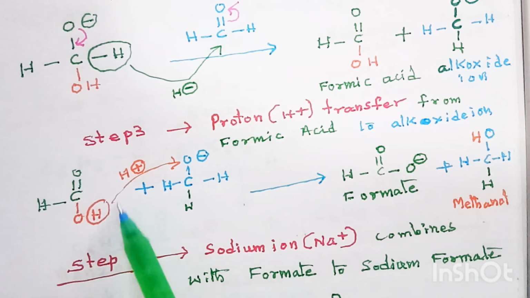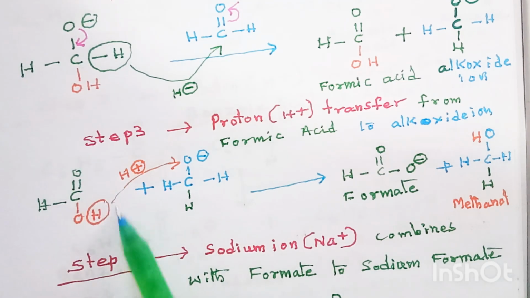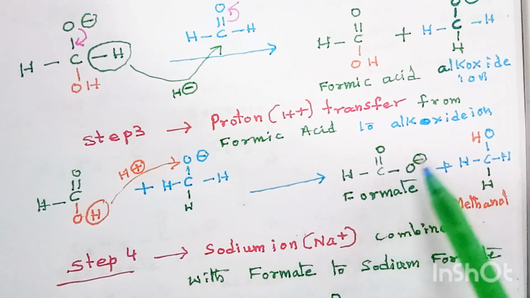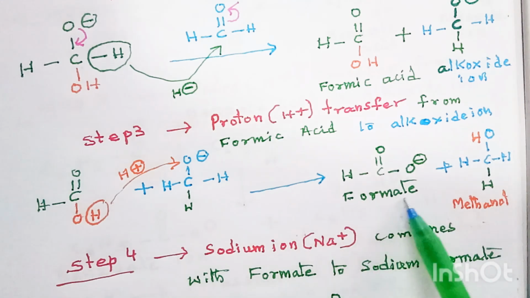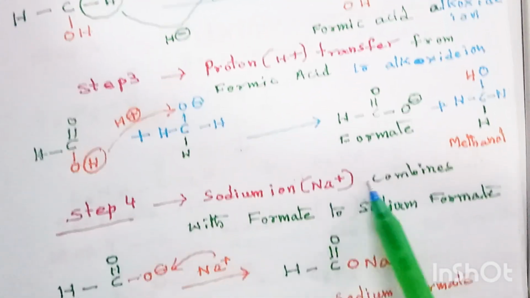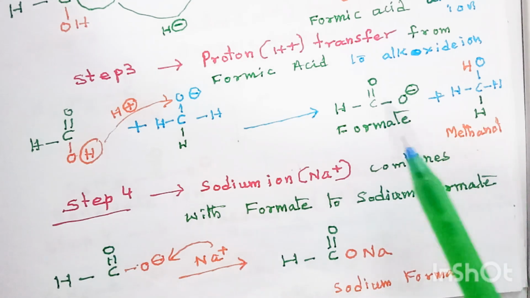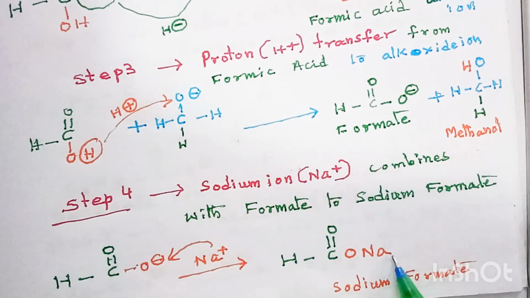As a result of losing proton, this molecule, formic acid, becomes formate, HCOO minus. This is a negatively charged ion, formate ion. In step 4, the sodium plus ion of sodium hydroxide comes and combines with formate ion to form sodium formate, HCOONa.